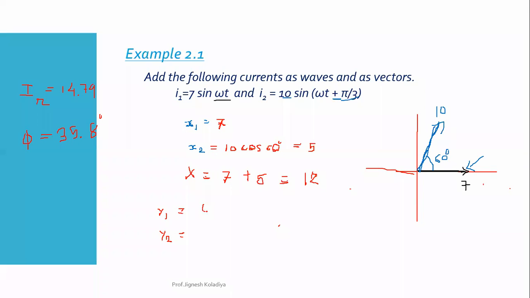Yes, very good. y1 is 0 and y2 is 10 sine 60. Very nice. 10 sine 60 degree. So it is 8.66. Okay, correct. 8.66.